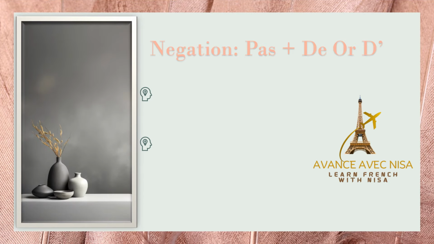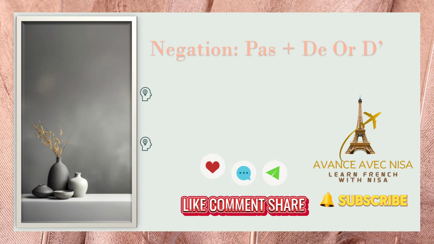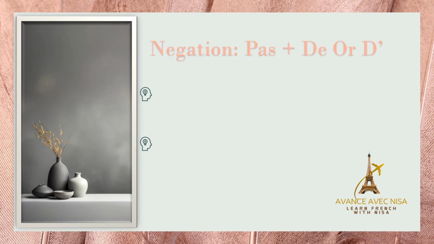Okay, now following the same logic, pas, which means none, is a specified quantity, right? None, zero. So pas is also followed by the preposition de or the apostrophe.